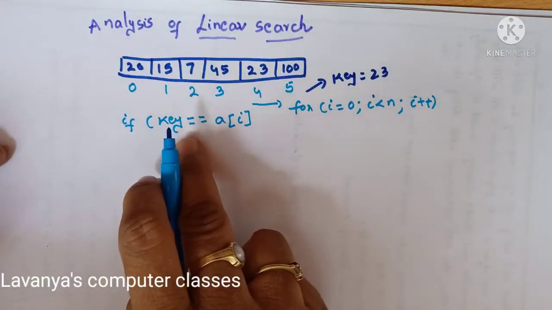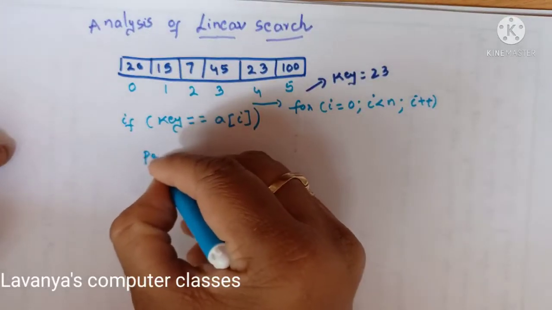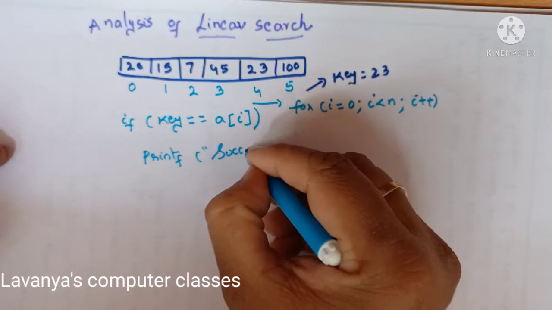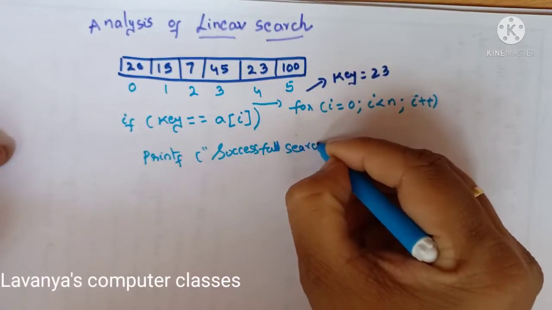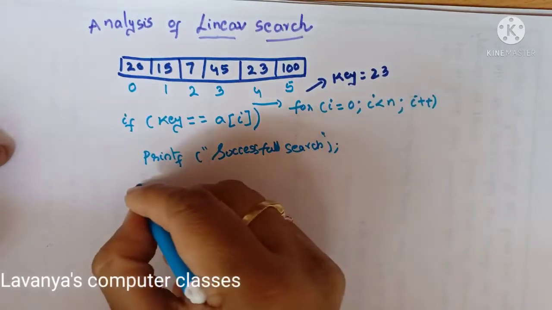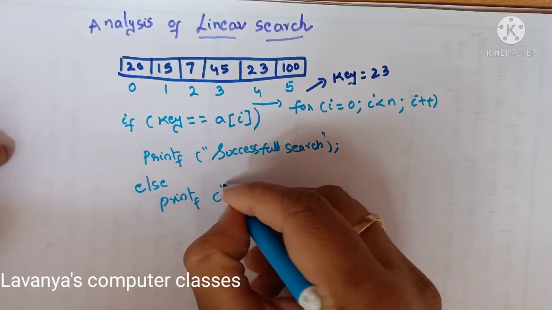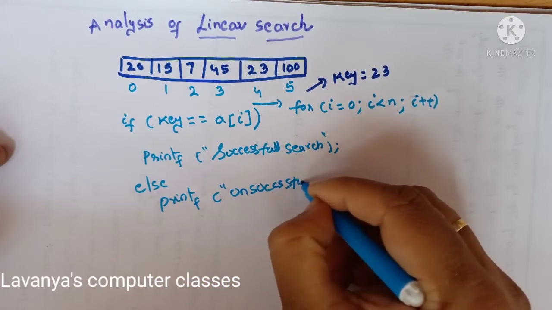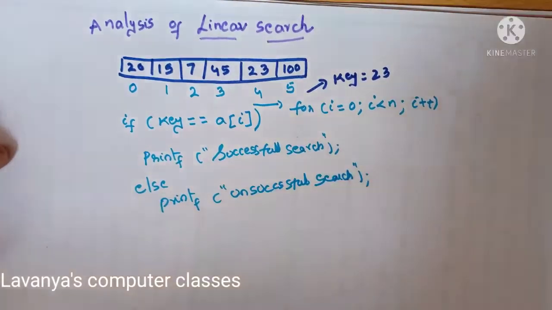If key equal to A of i, then printf, it is a successful search. Otherwise, else printf, unsuccessful search. Like this we can search it. This is the linear search algorithm.